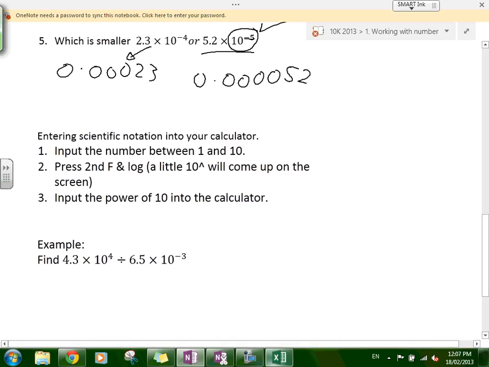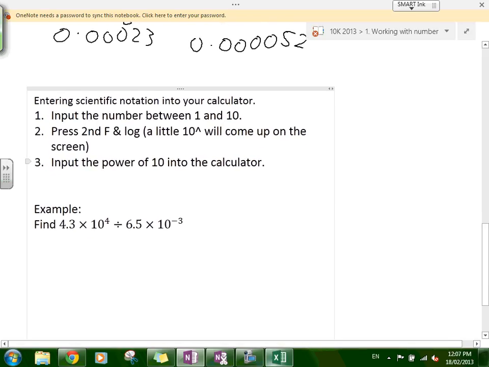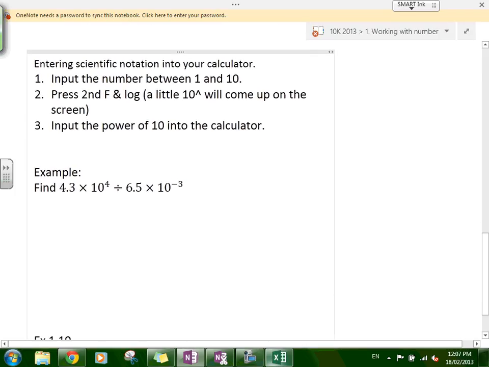So, these are the instructions for how to do it on your calculator. You input the number between 1 and 10, you do second function log, and you get that little 10 with the power, and then you put the power of 10. So if I want to do this operation, can you all do it with me?